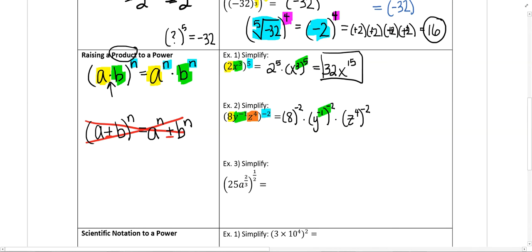We have exponents. Those are going to multiply. These are also going to multiply because it's a power to a power. All right, so that's going to be y to the positive 2, because a negative times a negative is a positive. Then we're going to have z to the negative 8th. I'm going to go ahead and leave this as 8 to the negative 2 right now.